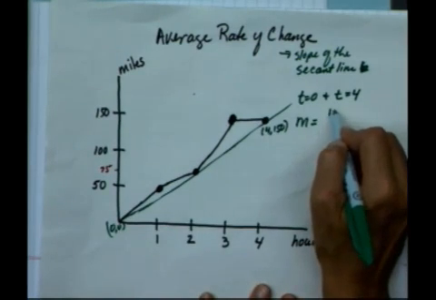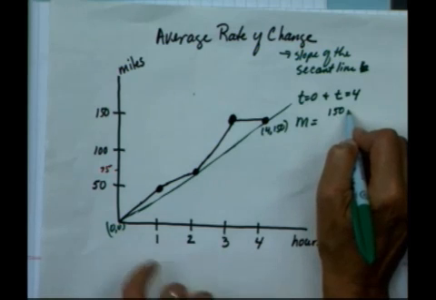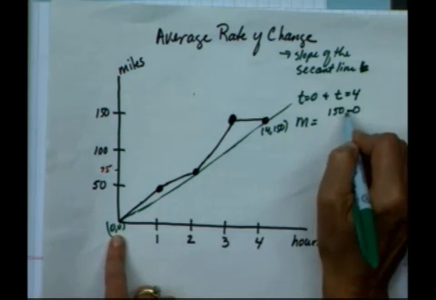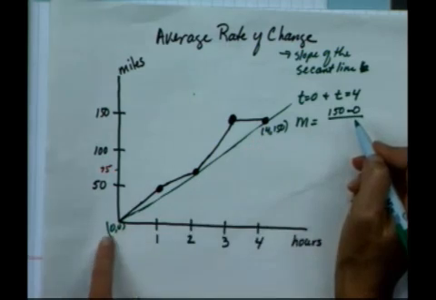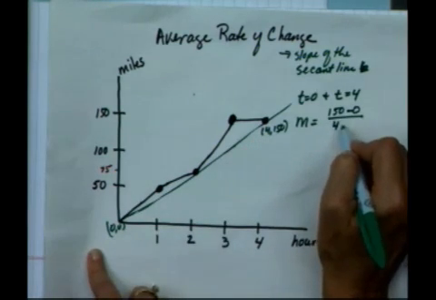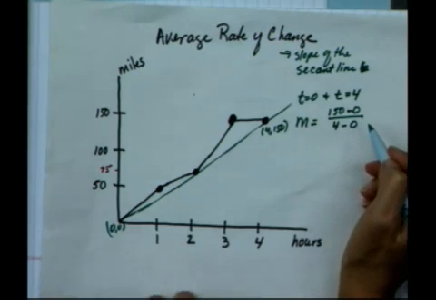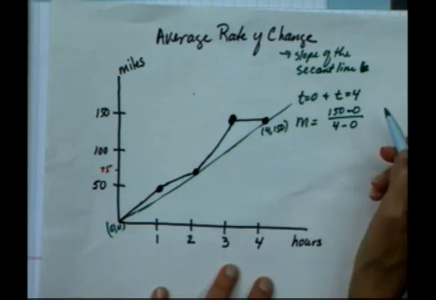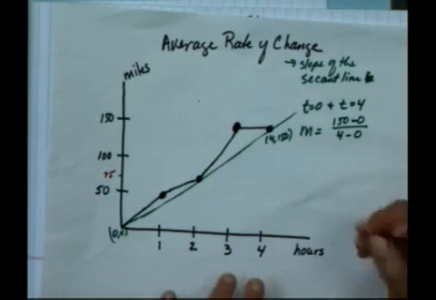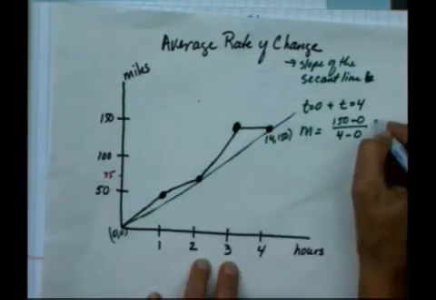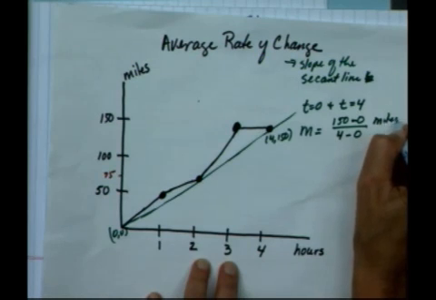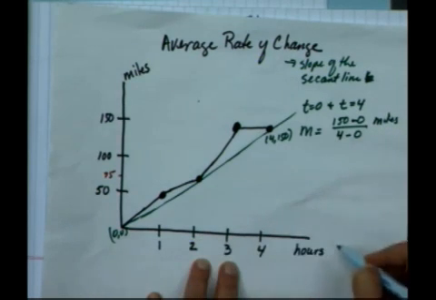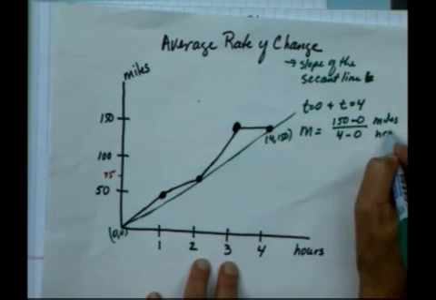So we'll have 150, difference in the y's, minus 0, over the difference in the x's, 4 minus 0. Now let's put units with this so we'll have some meaning. We want to be able to interpret what we're saying. The y values represent miles. The x values here represent hours.